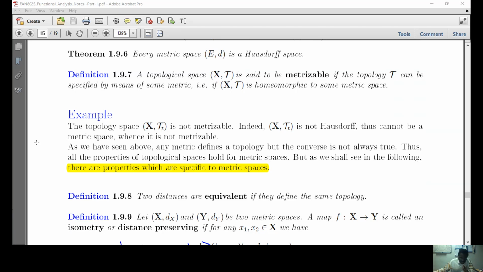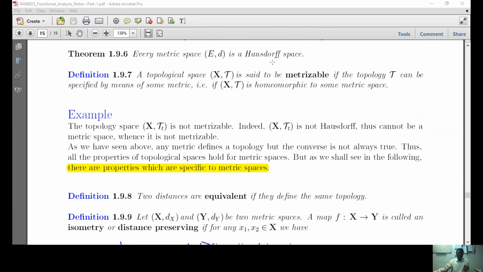So here we are told that the trivial topology is not metrizable, right? Why? Because it's not Hausdorff. Remember that in the definition of metrizable, we say that it is homeomorphic to a metric space.